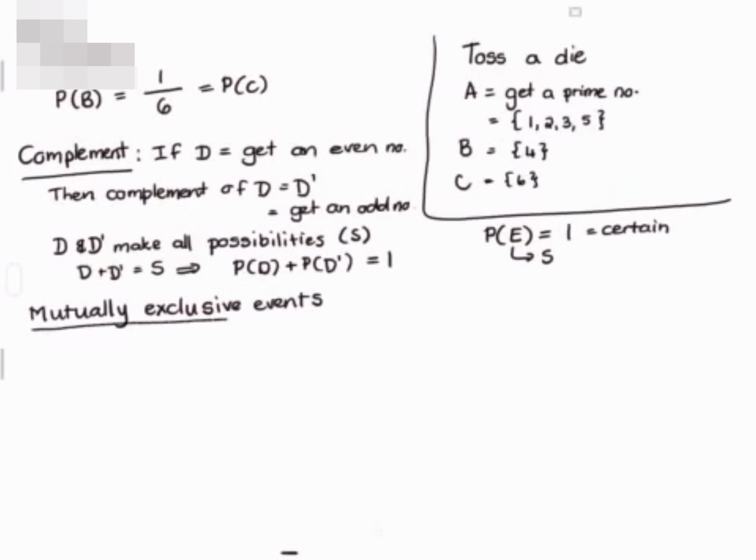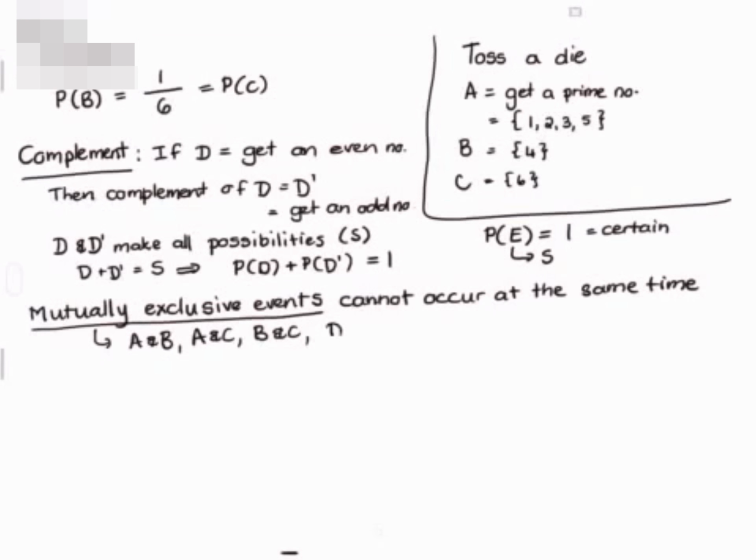But A and B are mutually exclusive. A and B are mutually exclusive because you can't get a value from A and a value from B at the same time. A and C are mutually exclusive. B and C are mutually exclusive. D and its complement are mutually exclusive.